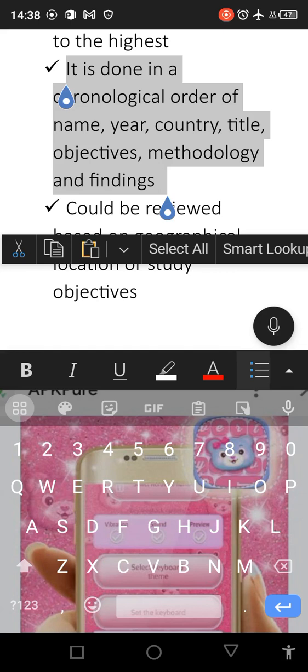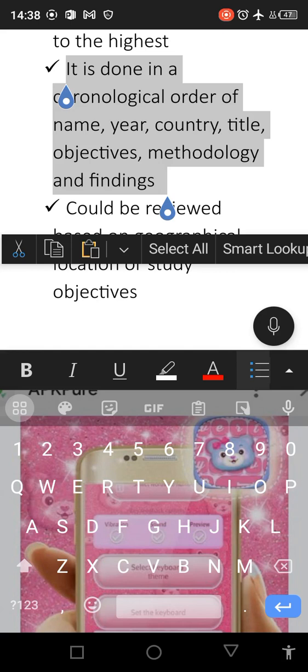Now, if it were me, I would take title to be the same thing as objective. Why? Because your objective portrays your title. So for me, there is no need to include the title. Just go straight to your objective. But don't let me confuse you. Just understand that for a traditional project writing method, you must review your empirical literature in this manner.